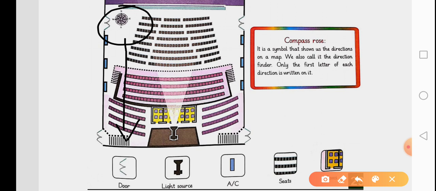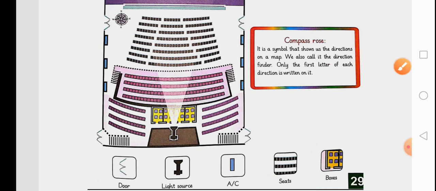So if anyone wants to sit near the seat which is near the AC, the compass rose will tell them that ACs are fitted in the east or west direction of the auditorium. So they will follow the compass rose and go to their desired place accordingly.